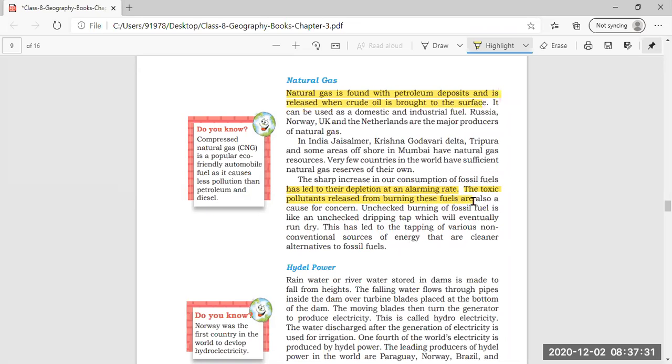So we should take care of that also, that we should make less and less use of these. Unchecked burning of fossil fuel is like an unchecked dripping tap, which will eventually run dry. So this has led to the tapping of various non-conventional sources of energy that are cleaner alternatives to fossil fuel. So we should use the alternatives to preserve these sources of energy.